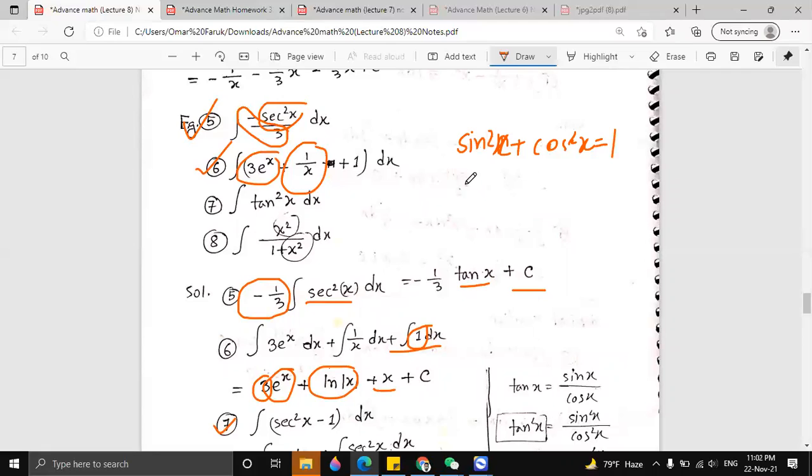And then we also know that sec square x equal 1 plus tan square x, and cosec square x equal 1 plus cot square x. These three formulas we learned in our class 9 or 10 in our high school.